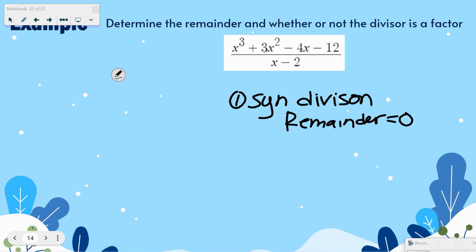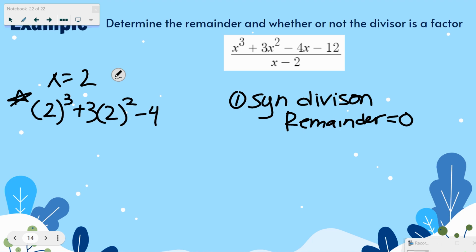You can use your remainder theorem. What does the remainder theorem tell you that you can do? Plug in. What would I have to plug in for x based off my denominator? 2. Remember, flip the sign. So if I plug 2 into the numerator, that polynomial, I'd have 2 cubed plus 3 times 2 squared minus 4 times 2 minus 12.